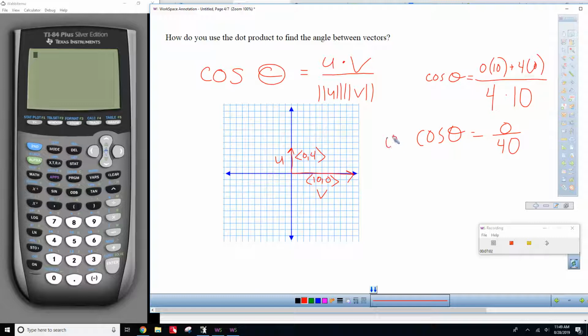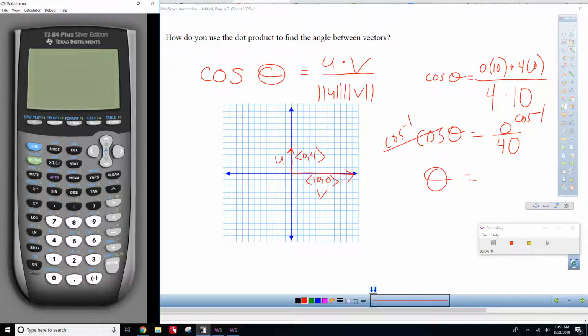Take the cosine inverse of both sides, and you get theta is cosine inverse of 0 divided by 40. I'll even divide it by 40 in case you don't know what that is. Uh-oh. All right, we're in radians. Cosine inverse of 0. Duh. That would be pi over 2.